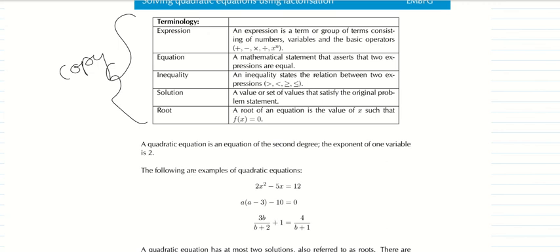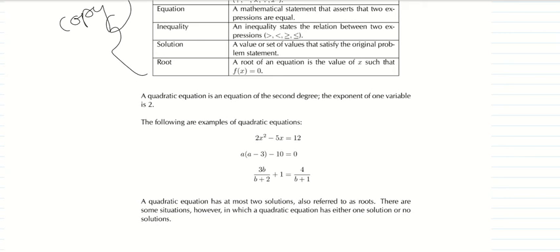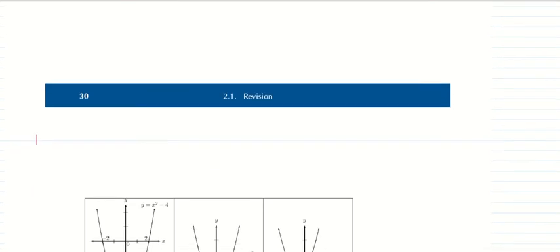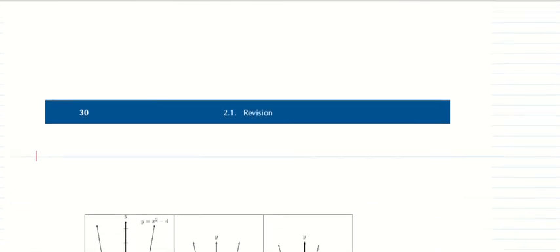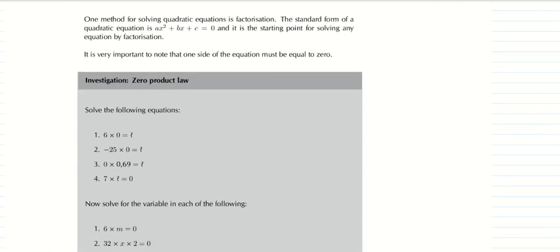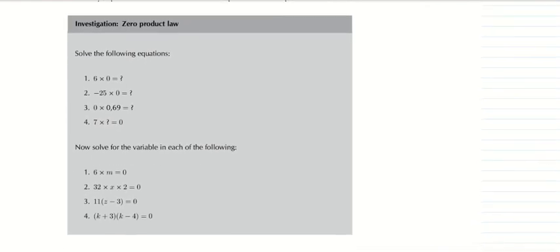Alright, but first a little bit of revision. What is an expression, what is an equation, what is an inequality and a solution, and what are your roots? So I requested, or if I didn't request it yet, I'm going to request you guys now to summarize this for me in your books, so that you have it in your books. Make sure you know it, make sure you understand it.